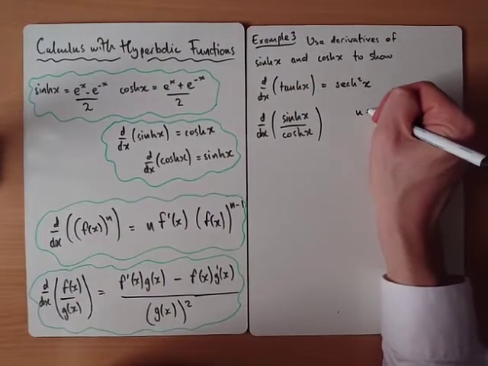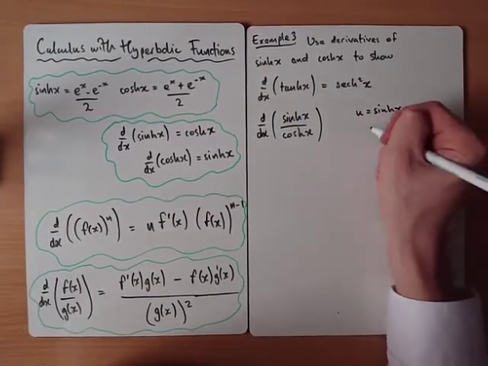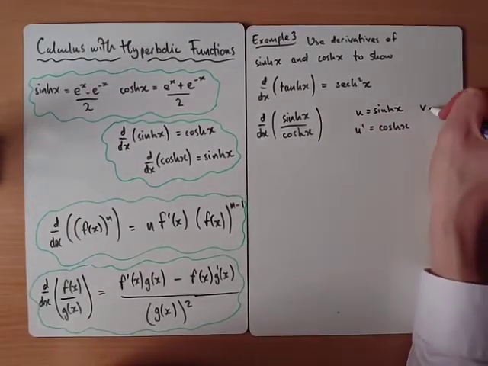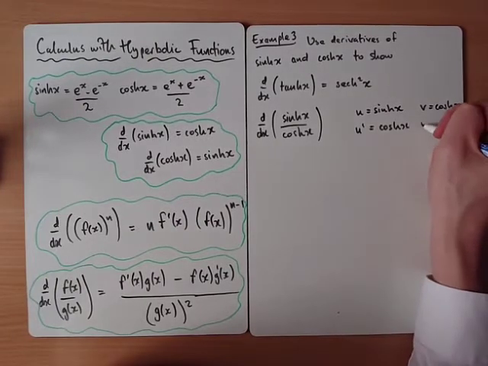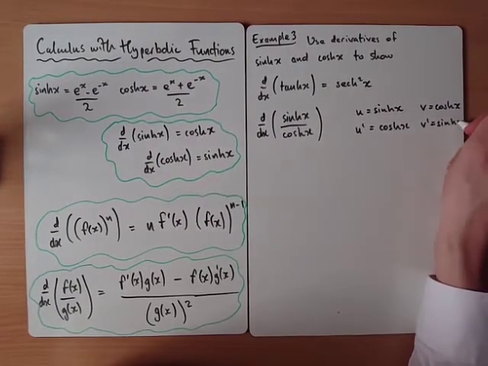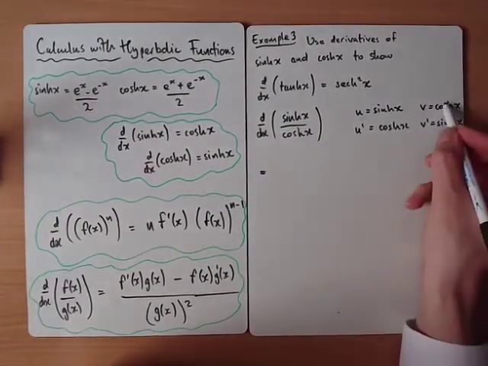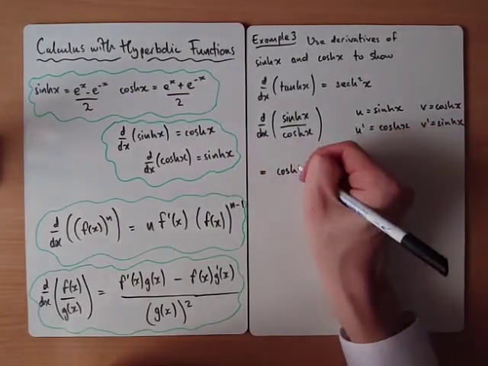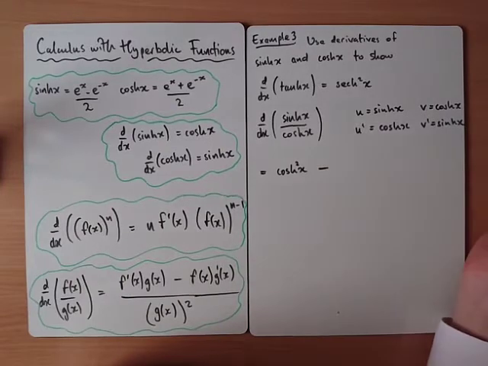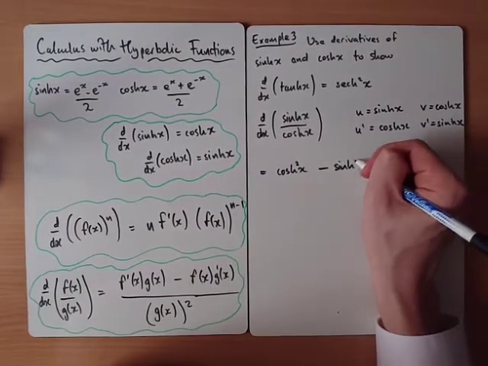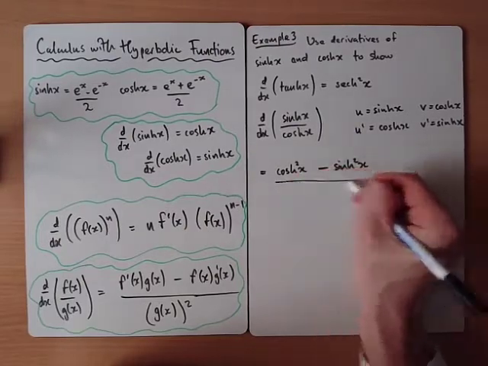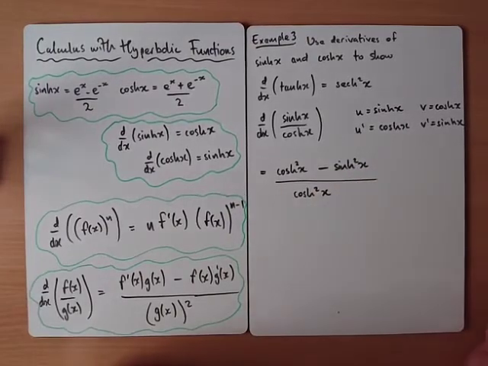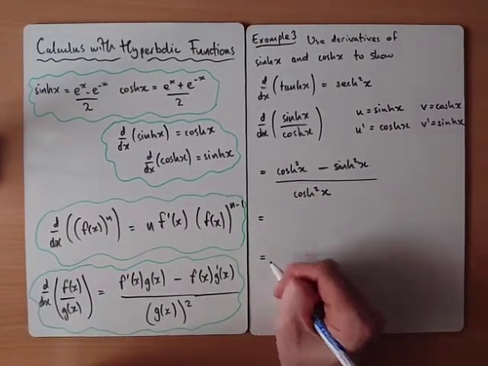So we could say u is equal to sinh, the derivative would equal cosh, v would equal cosh, the derivative would equal sinh. So v times by du would be cosh times by cosh, minus u times by dv, which would be sinh times by sinh, all divided by v squared, which would be cosh squared x.